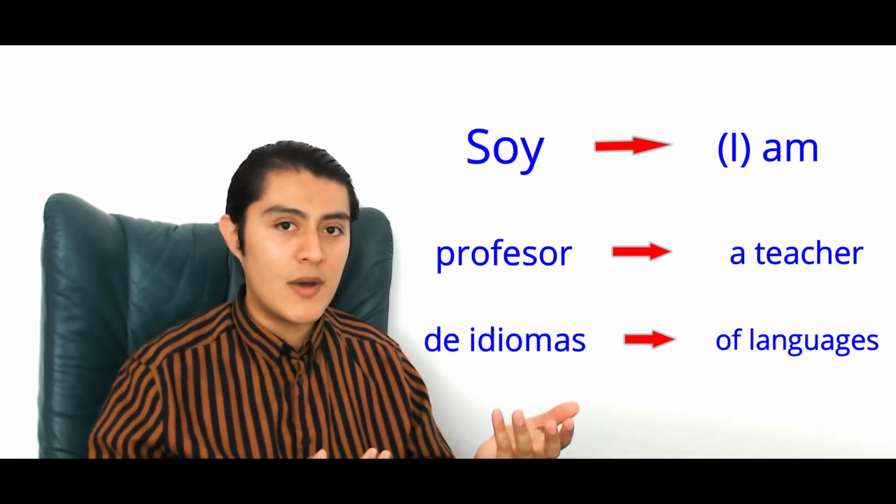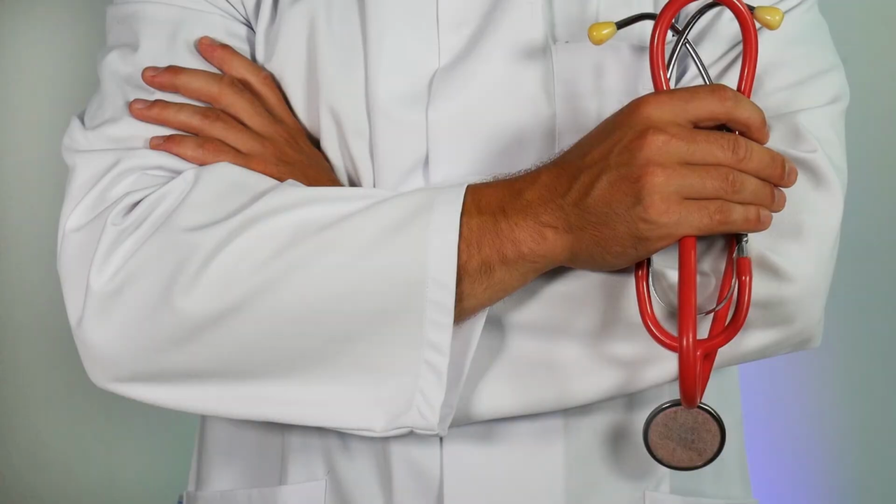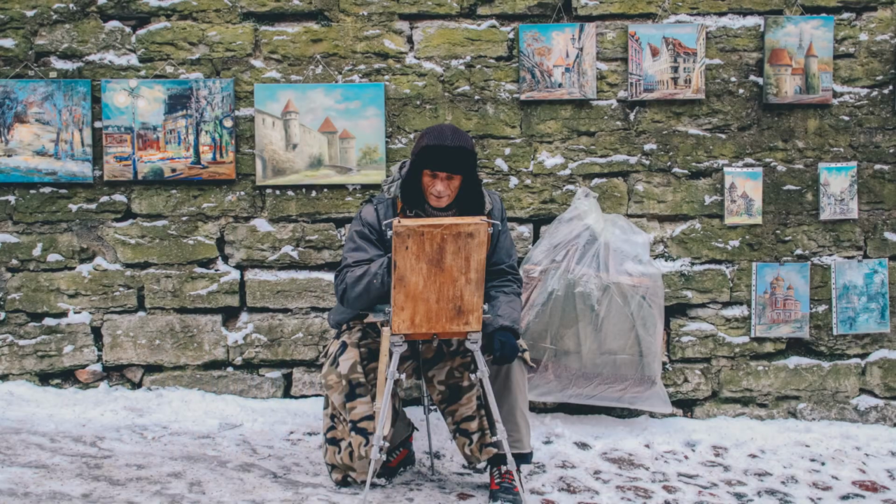Idiomas means languages. So I'm saying that I'm a language teacher. Soy profesor de idiomas. For you, you just need to remember the beginning of this. Soy, and what is your profession? You can say, I don't know, soy doctor. I'm a doctor. Soy arquitecto. I'm an architect. Soy artista. I'm an artist. Find out what is your profession's name in Spanish and practice. Soy.